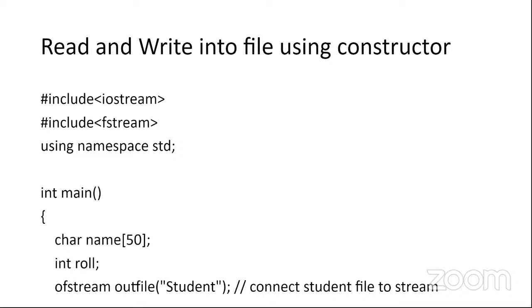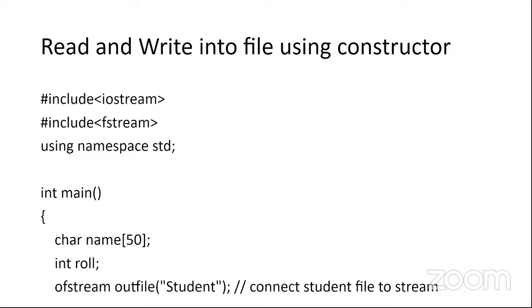We created a name array, and we asked for a roll number which will be stored in the roll int variable. Now ofstream is a class, and we created the outfile object, and there is a student file which will be present in the directory where this program is.